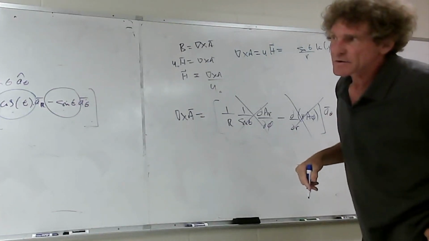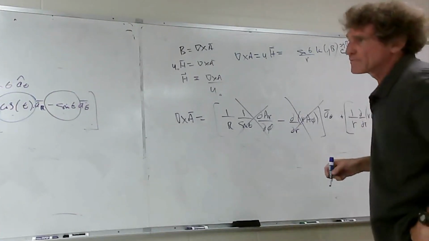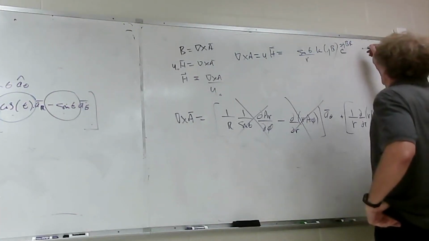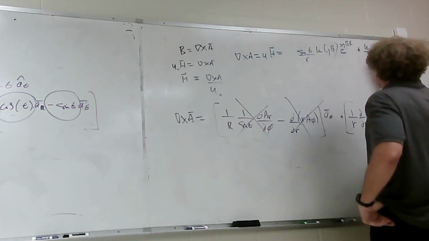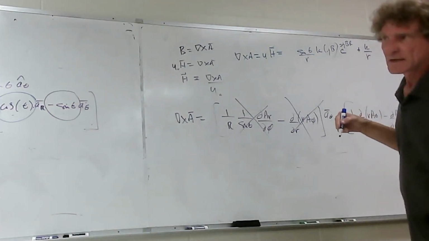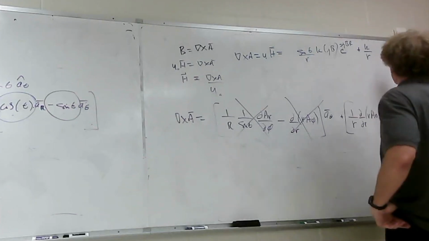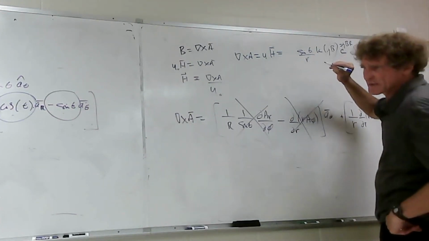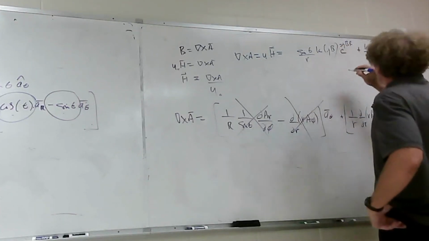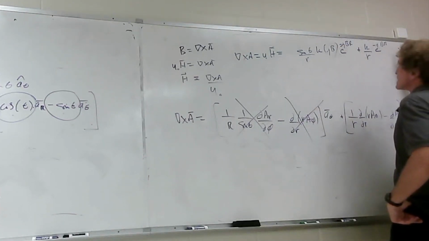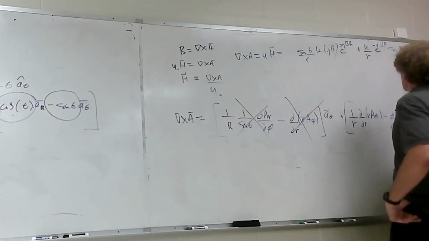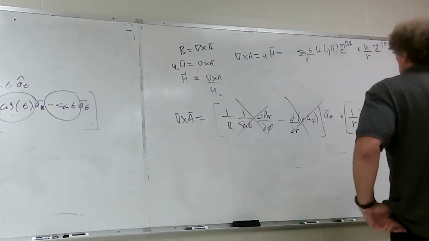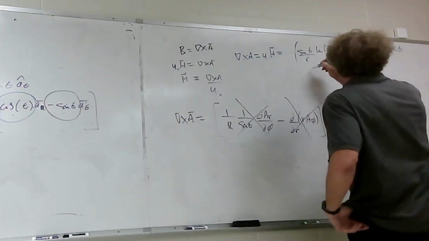And then I get the second term, which is going to be k over r, e to the minus j beta r times sine theta. And this is all in the phi direction.